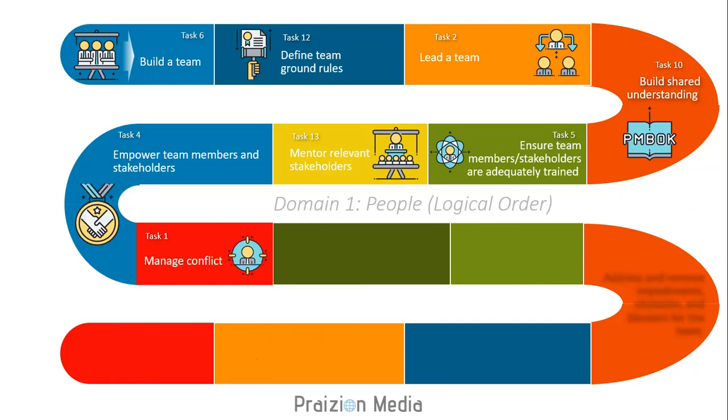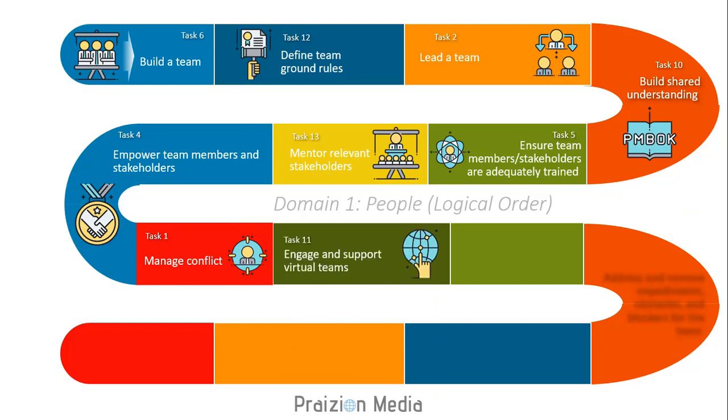By the time you think about this, major things that need to be in the infrastructure for the team are already there. You've got ground rules. They know what they don't know. They've got a shared understanding. They are adequately trained. And by the time you get to manage conflict, there's a lot in place to help you do that.